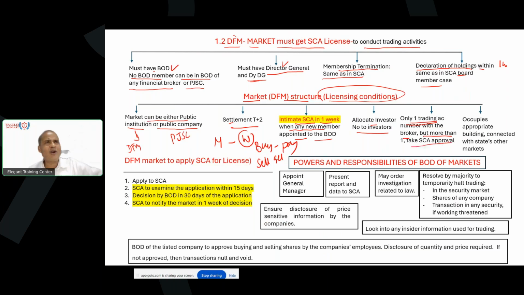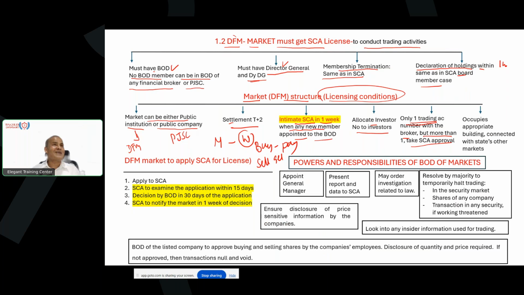Now you want to buy some stock. What do you need? You need two things. Number one, investor number. Clear? The investor number comes from the market, issued by CSD. We'll discuss later on. And you will also need a trading account number. The trading account number comes from the broker.